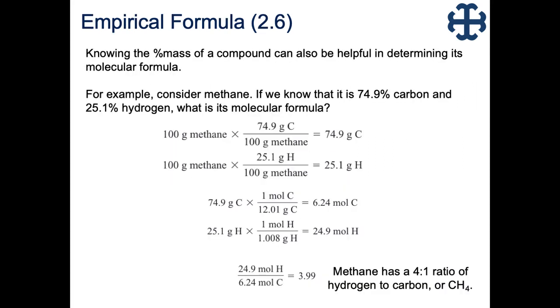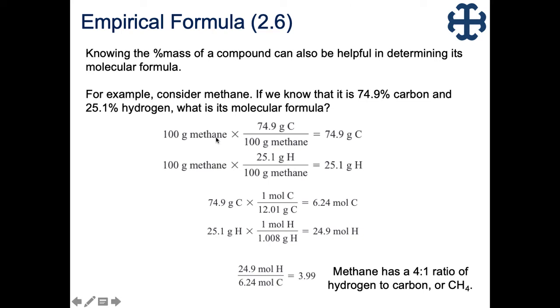We can also use mass percent to calculate an empirical formula, and I'll walk through these steps here. If we know the mass percent, it can be helpful in determining the molecular formula. Let's say we have methane here. If we're told that methane is 74.9% carbon and 25.1% hydrogen, what is its molecular formula?